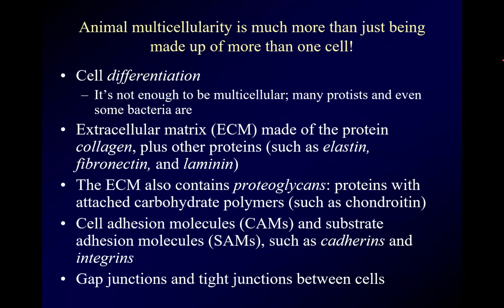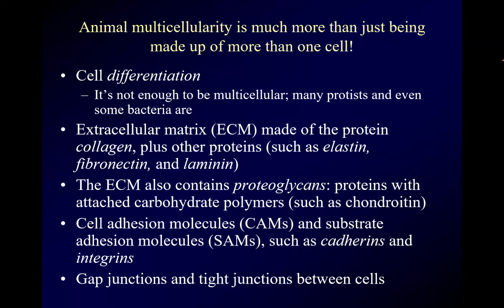Animal cells have cell adhesion molecules, sometimes called CAMs, which hold cells to each other, and substrate adhesion molecules, or SAMs. The most common class of cell adhesion molecules are called cadherins, and the most common class of substrate adhesion molecules are the integrins, which I've mentioned earlier.